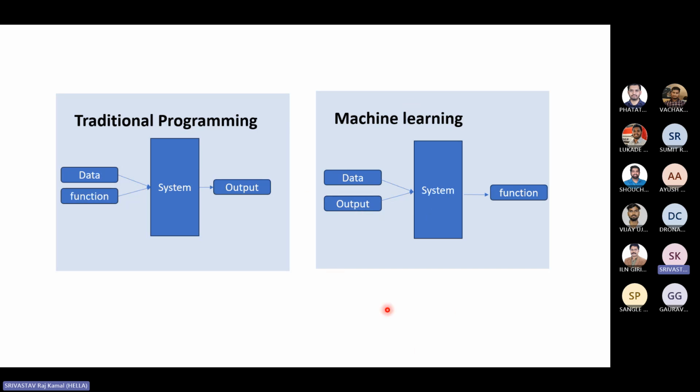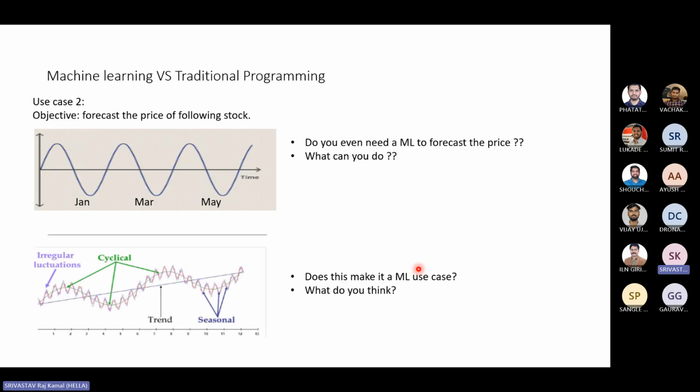The same ideology is happening in the current world. When we have the data and the output, the known way, the system says okay, do this. So we create a system. Keeping it simple, this is the difference between traditional programming and machine learning.